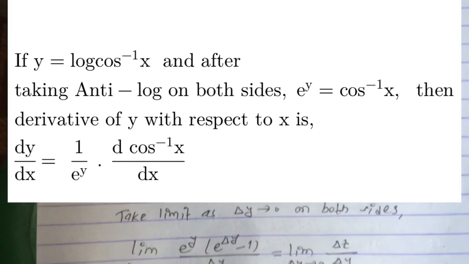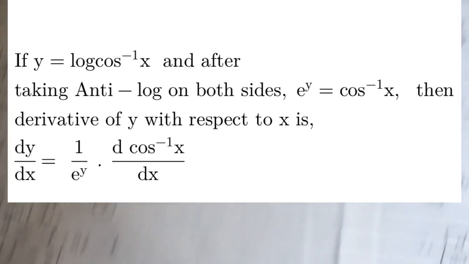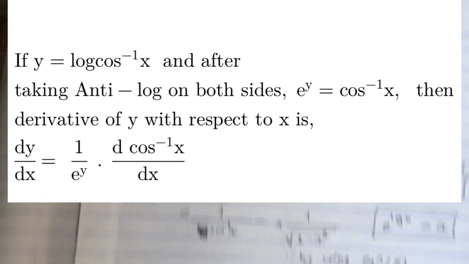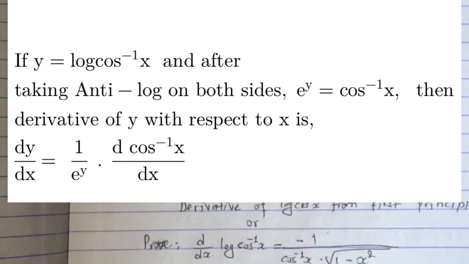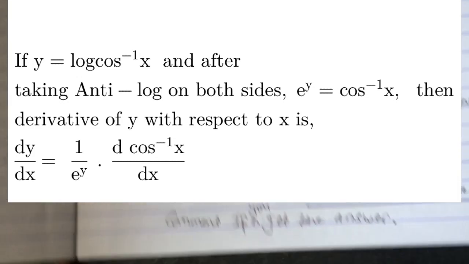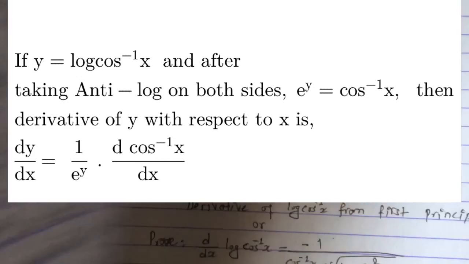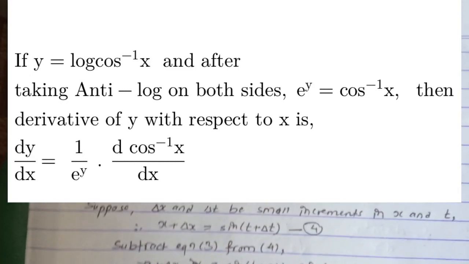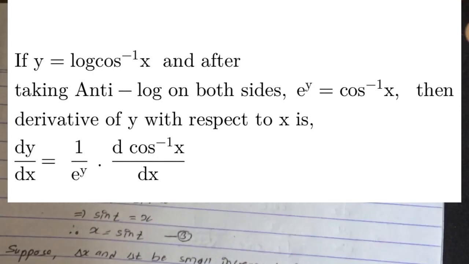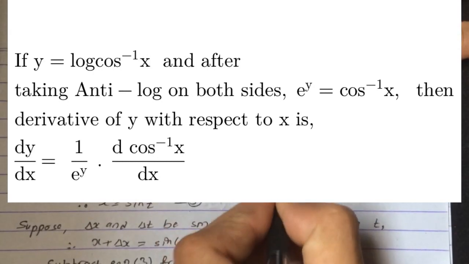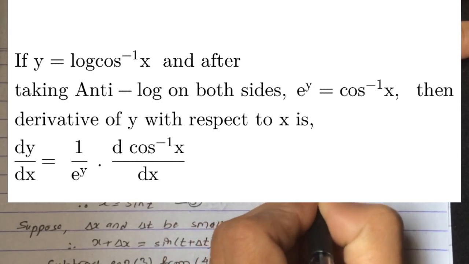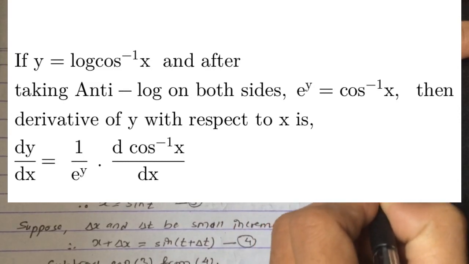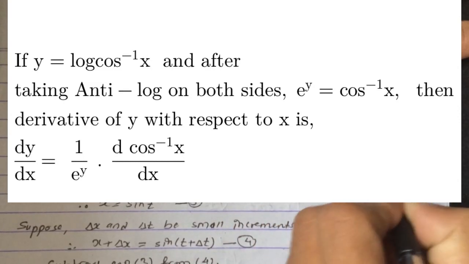Then the derivative of y with respect to x after using the rules of derivative is dy by dx is equal to 1 by exponential y times d cos inverse x by dx. You have to find first the value of the factor d cos inverse x by dx, and then you can proceed further as I have shown you to find the derivative of log of sin inverse x.